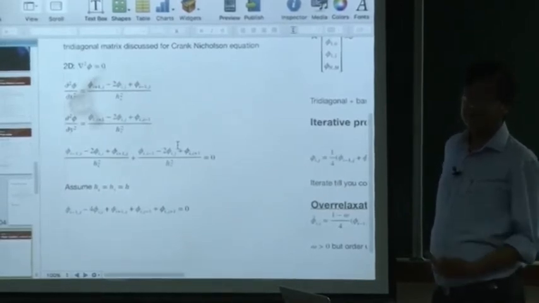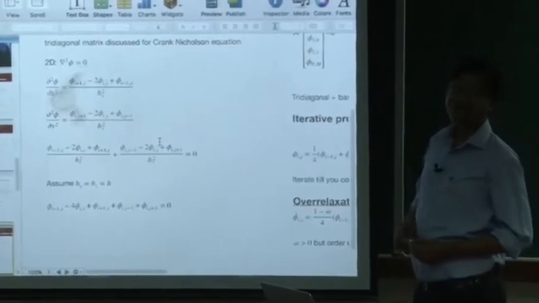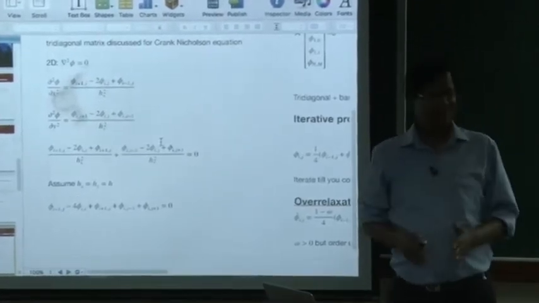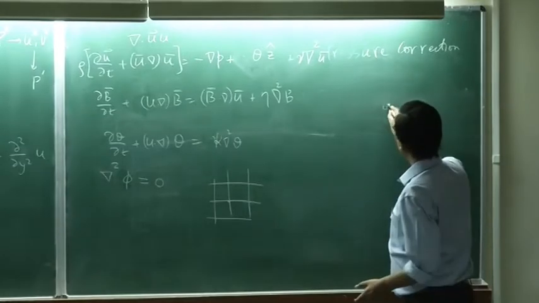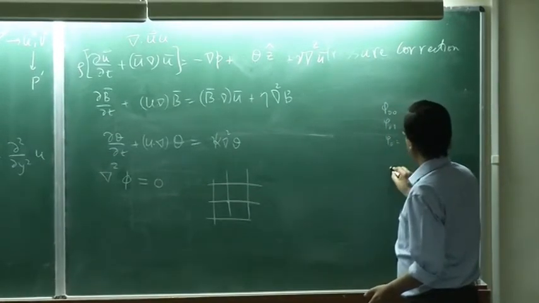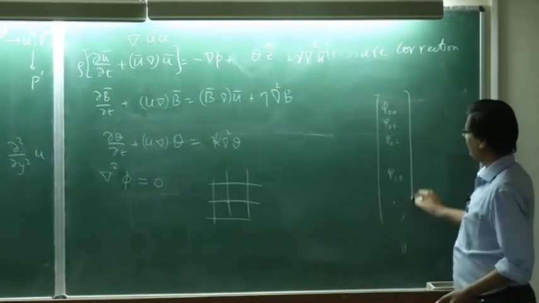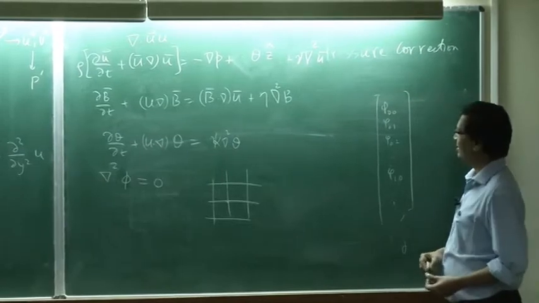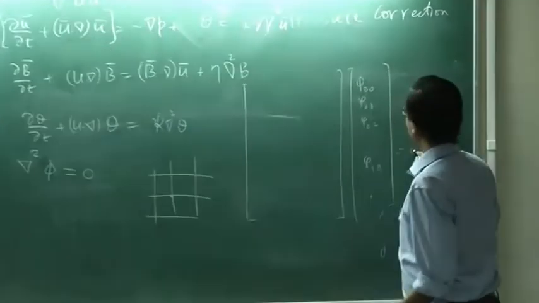So, you write it in terms of a matrix, and how does the matrix look like? Now, you have to first set up some convention. So first you set up phi 00, phi 01, phi 02, phi 10 like this. So, this is my vector of unknowns. Now, matrix times it equal to 0.